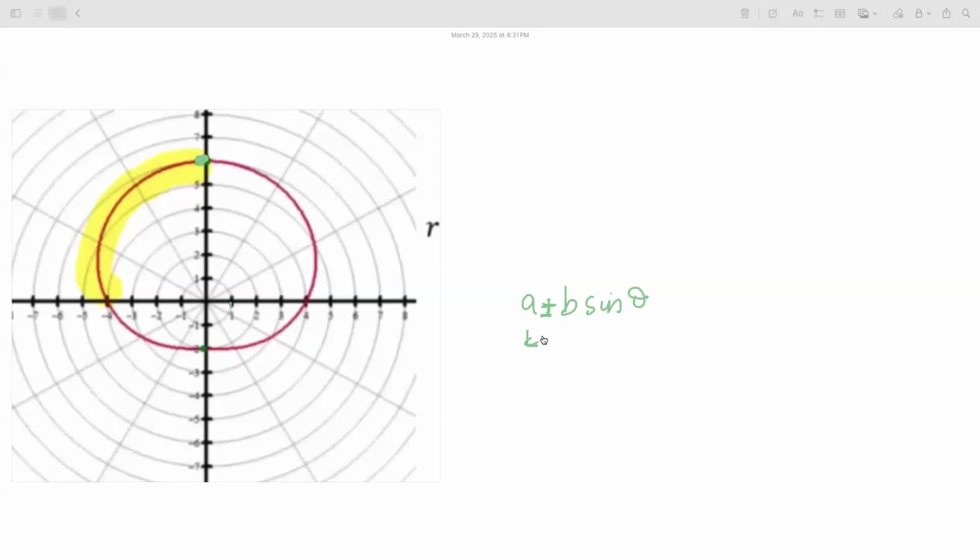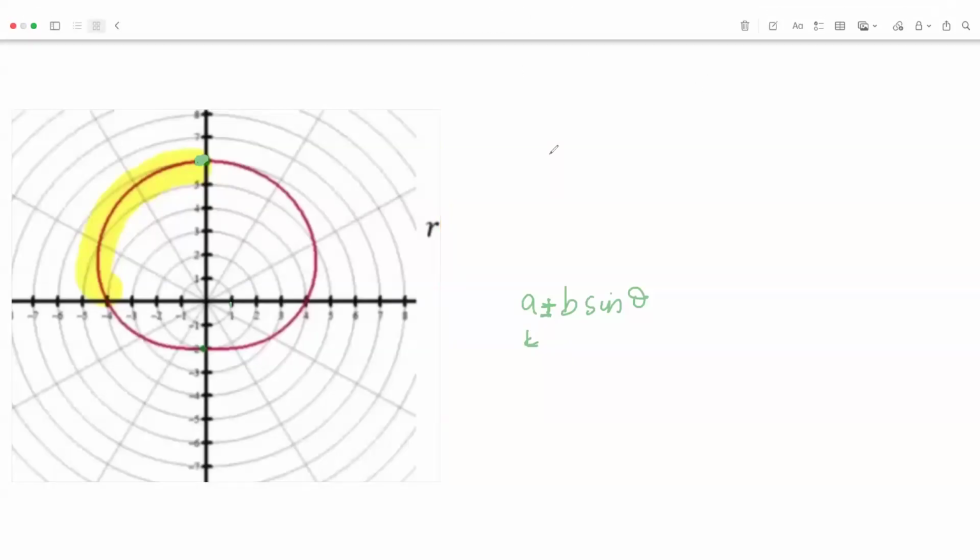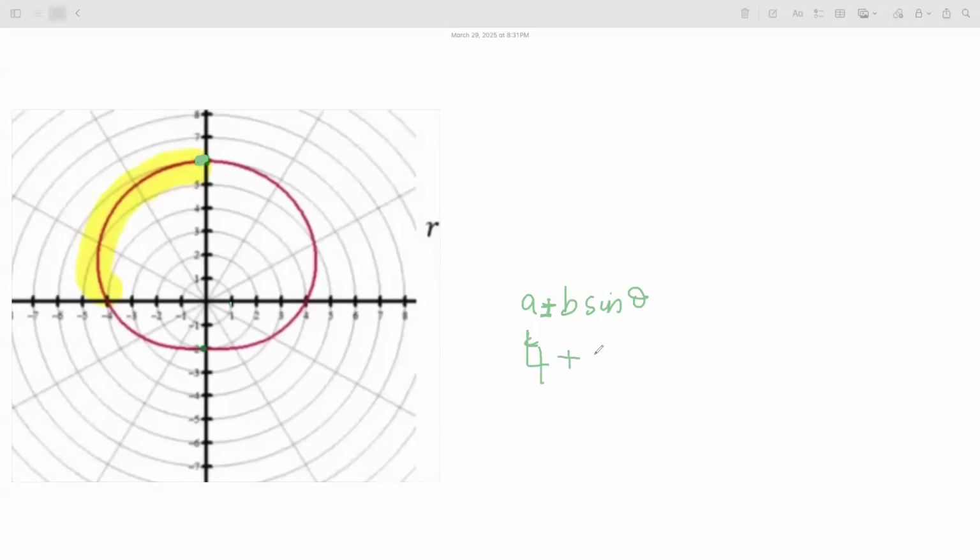Isn't it that A is 4 because A has to be greater than B for it to be dimpled? So 4 plus 2 sine theta. Very nice.